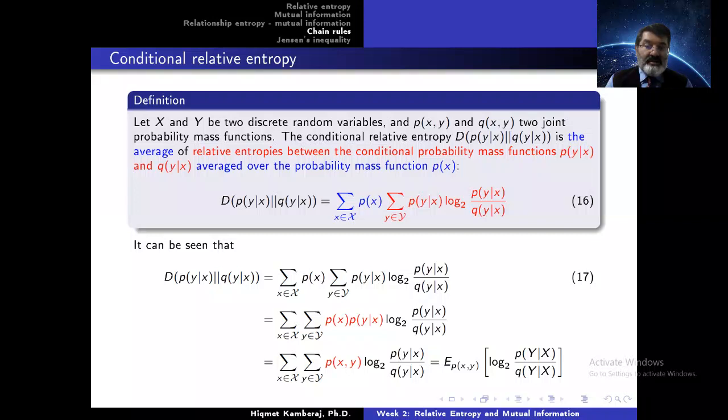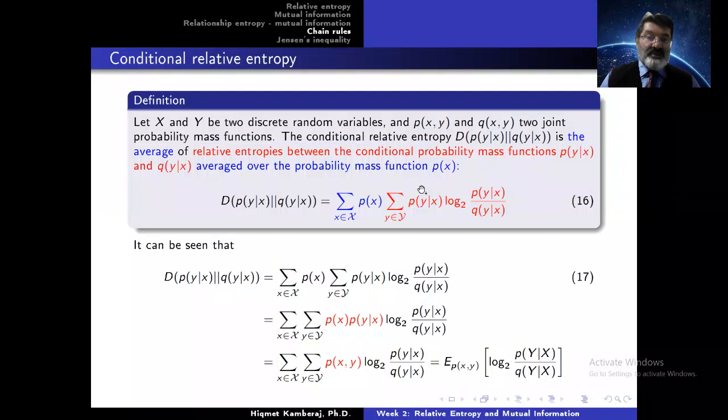Now if you notice, the formula is highlighted in two colors, blue and red. This is in order to explain equation 16. So equation 16 can be seen as this sentence: the average, which is over the probability mass function p of x, of some function, which I'm going to say in a moment.